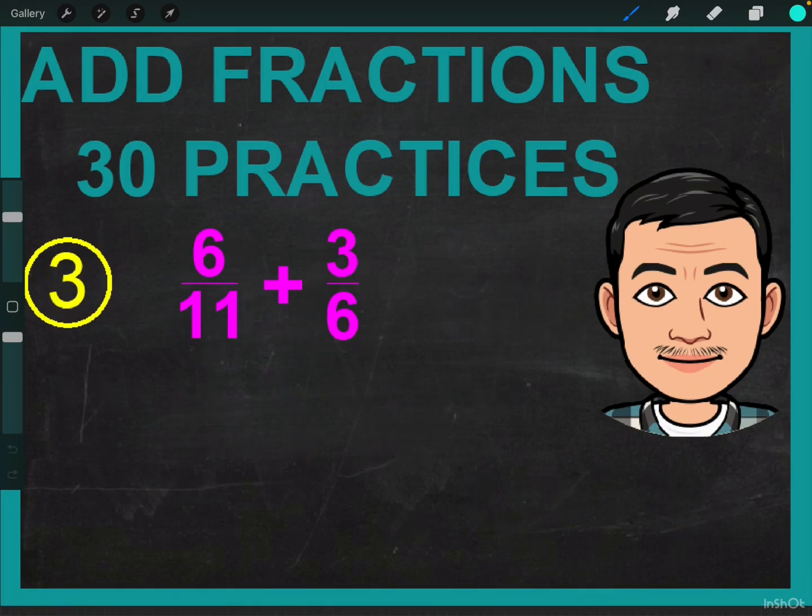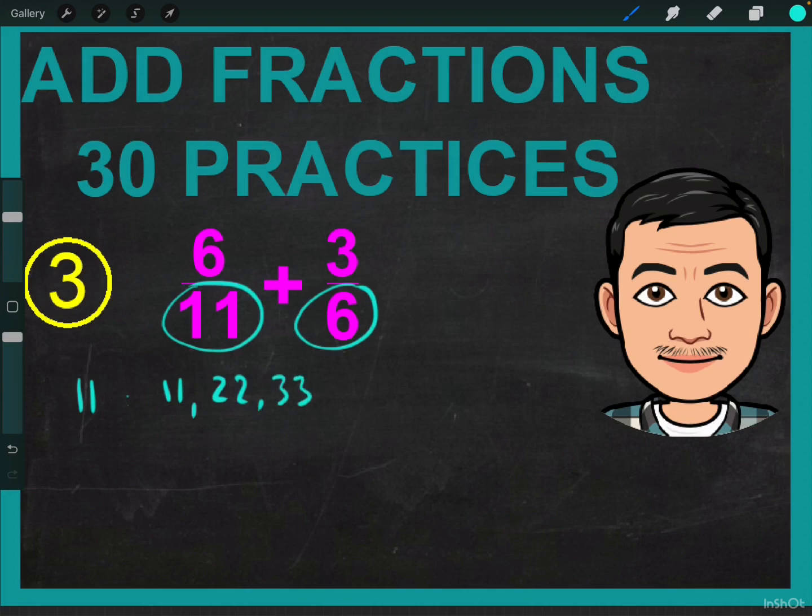For practice number 3, we have 11 and 6 on the denominator. For 11, we have 11, 22, 33, 44, 55, 66.